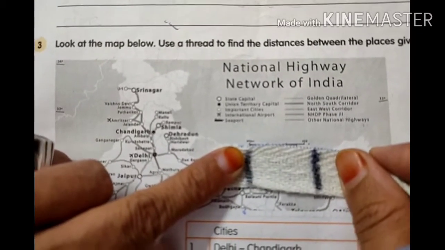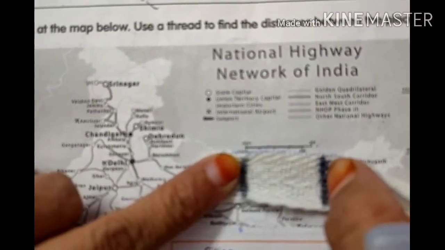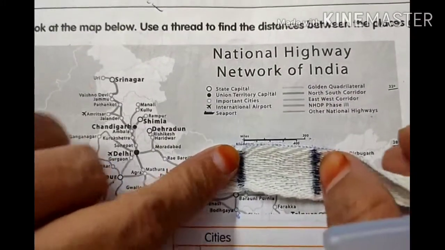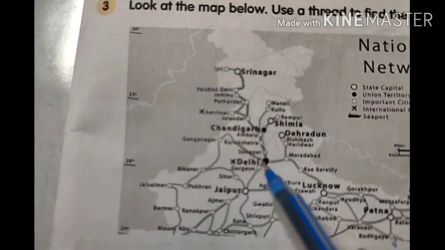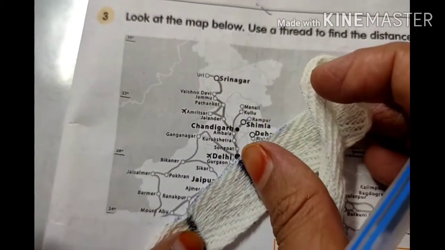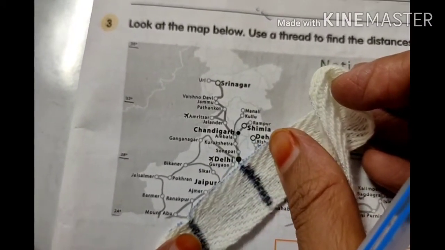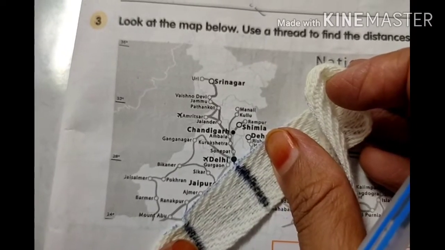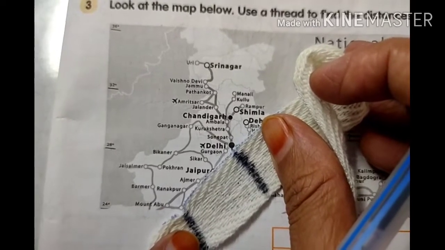Now you put this thread between New Delhi and Jaipur. You should take this thread and put it between New Delhi and Jaipur. Where is New Delhi? See here, children, New Delhi is here, and Jaipur. Now I am putting this thread between New Delhi and Jaipur. What do you see? Is the distance between New Delhi and Jaipur the same, double or half?